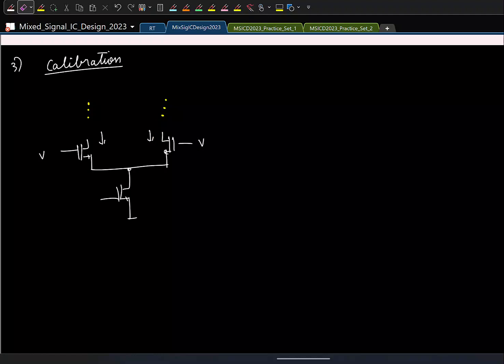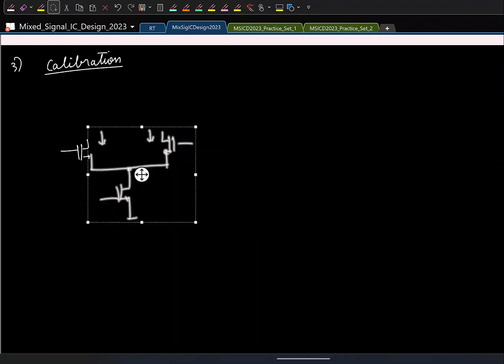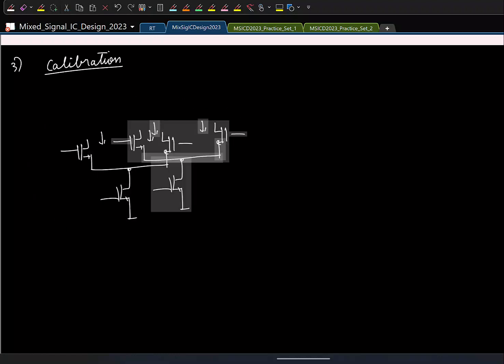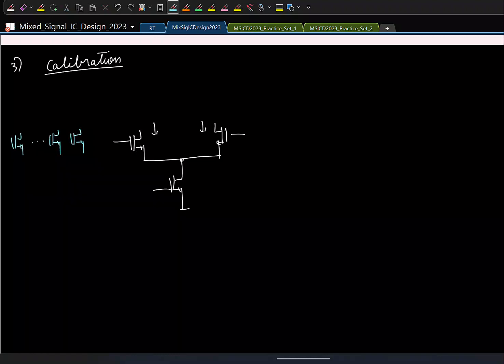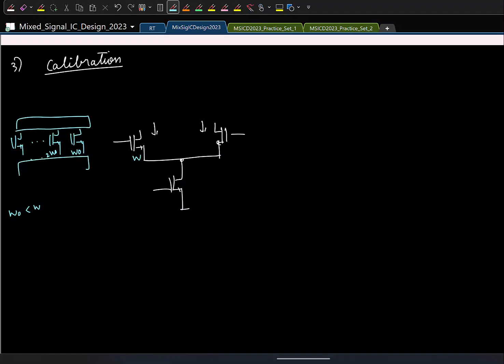So what is done is this. I'll erase this. Let us say, in addition to this differential pair, you have an array of NMOS transistors like this. Okay. Let us say this has a size W. You can have this to be W0, 2W0 and so on in a binary weighted fashion, and W0 can be smaller than W. Let us say all the gates are connected to the same, by the way.